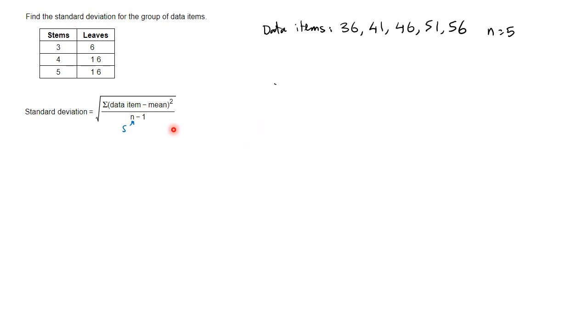First, let's find the mean. To calculate the mean, it is the summation of all the data items divided by the number of items. So it's 36 plus 41 plus 46 plus 51 plus 56, all divided by 5.